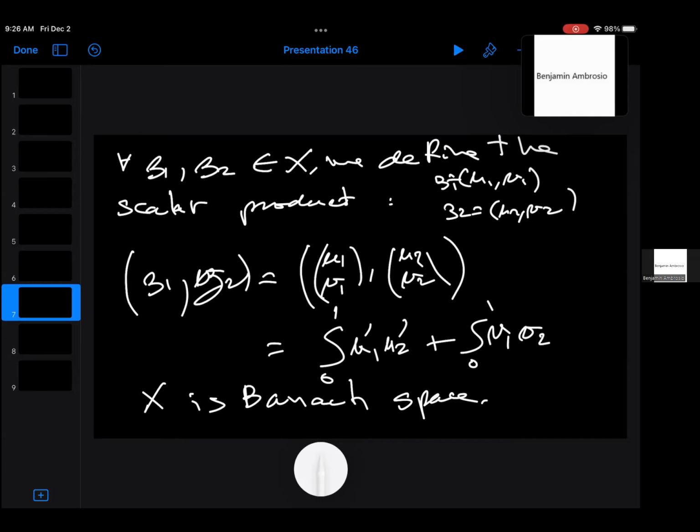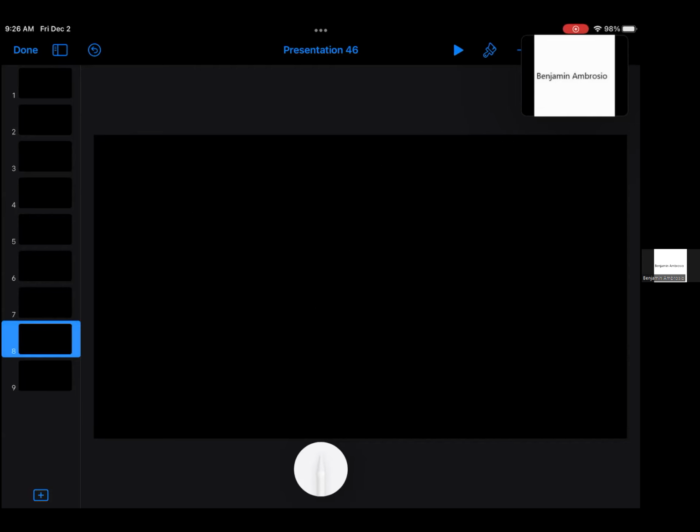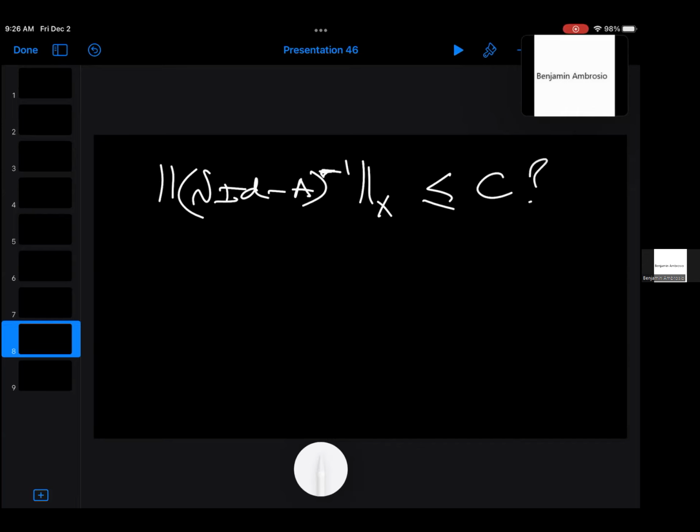So can you bound the norm of lambda identity minus A, minus 1? So can we do that?